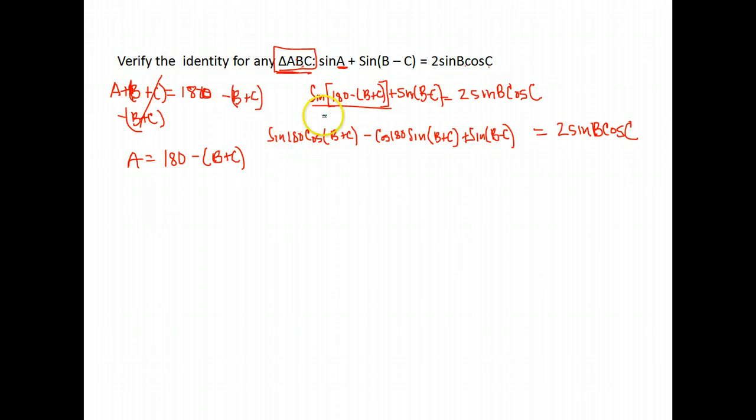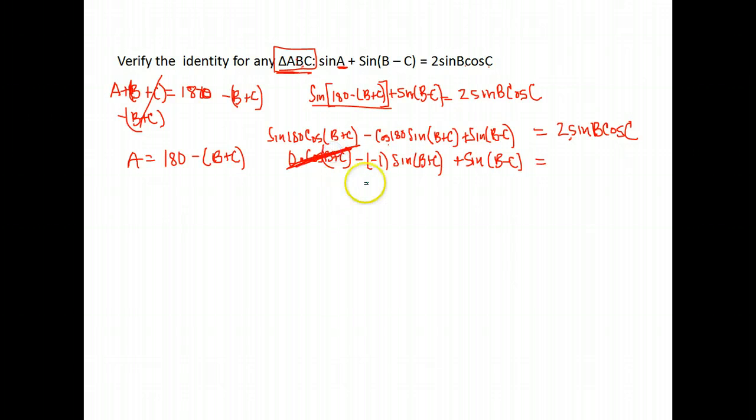The sine of 180 is 0, so this gives me 0 times cosine B plus C, minus cosine of 180, and cosine of 180 is -1, times the sine of B plus C. And then we still have plus sine B minus C. Well, 0 times anything is just 0.